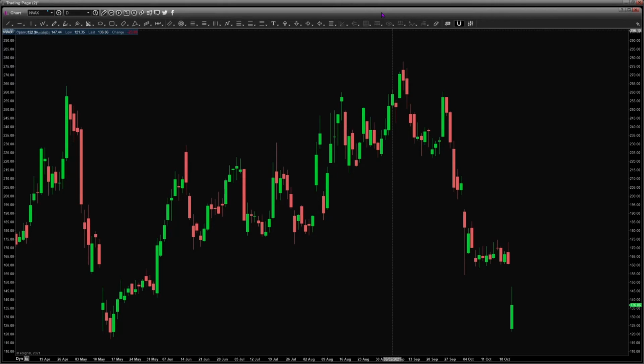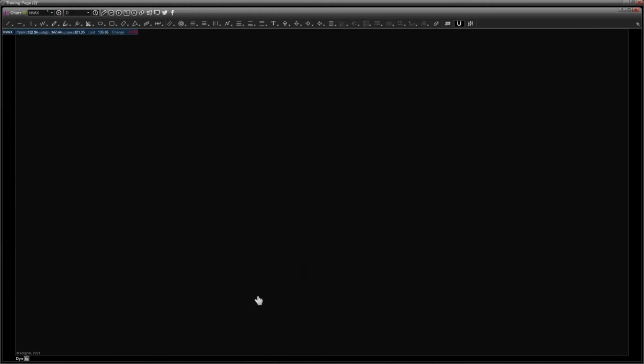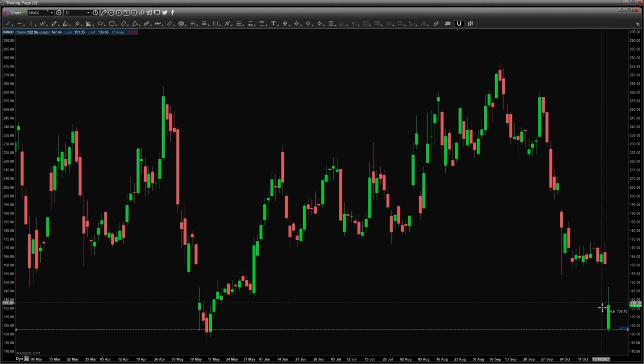So usually how I start is I'll go to the 5-minute chart, and around 5:30 is when I'll plot where the stock price was. I'll create a little line right there so that when I go to the daily chart, I can see where the gap is. And as you can see, we had a big gap down from here all the way to here.